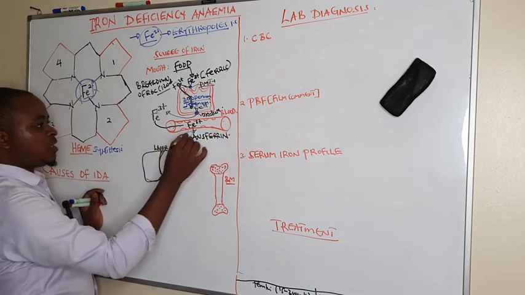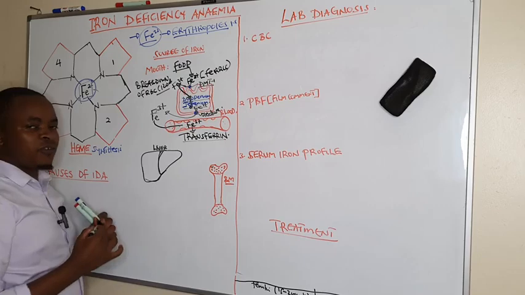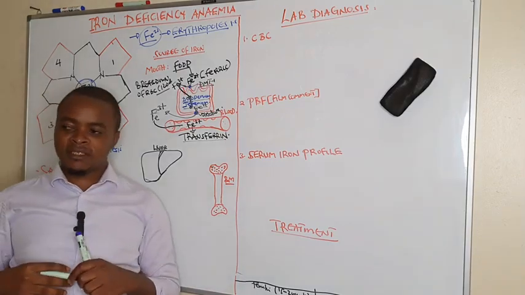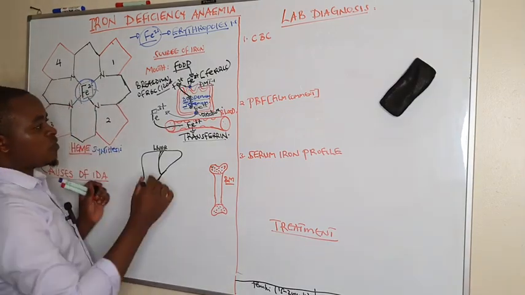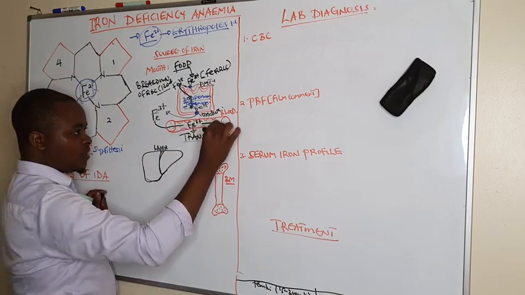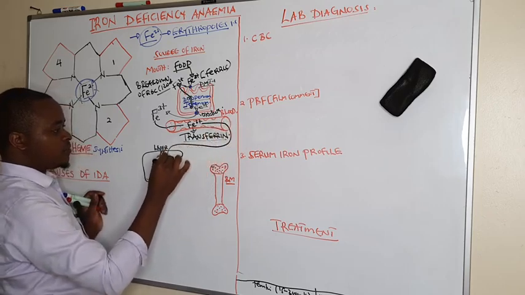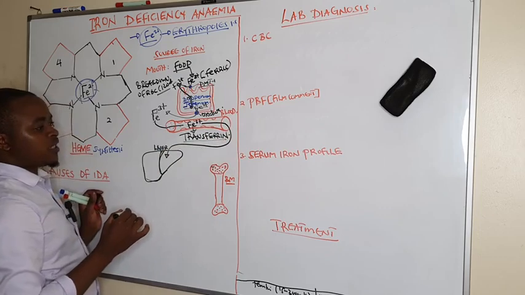The major carrier protein for iron is transferrin, which transports iron 3 in plasma and brings it to the liver.